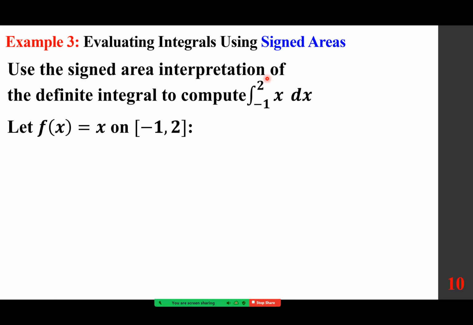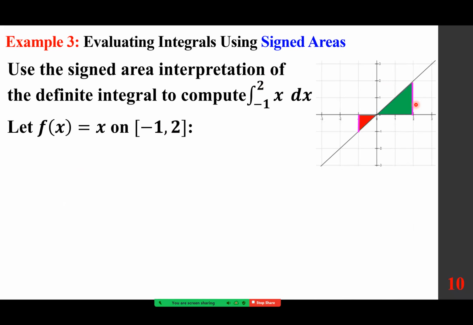Now, f of x equals x, or y equals x, is a line through the origin. We want to go from negative 1 to positive 2. So this is the area.